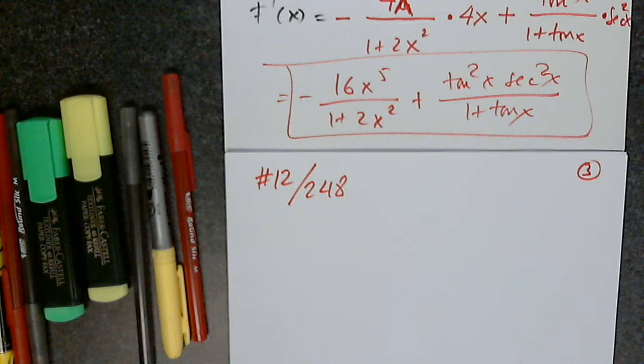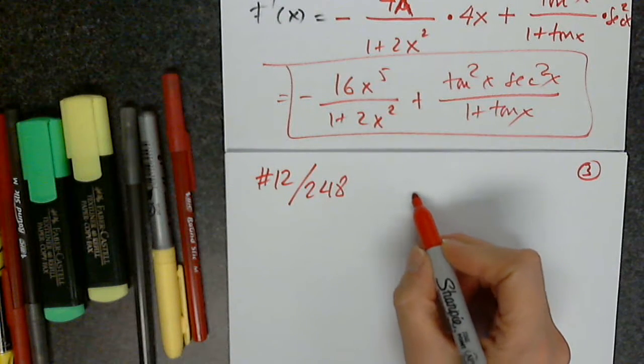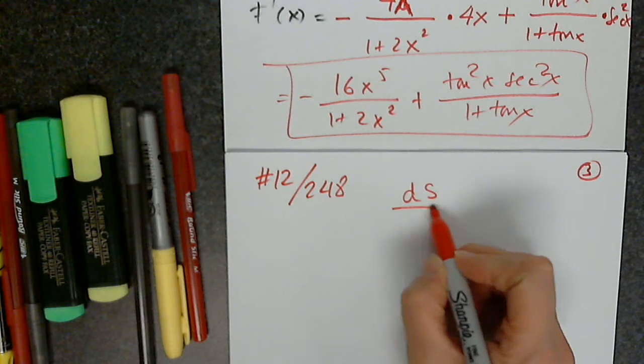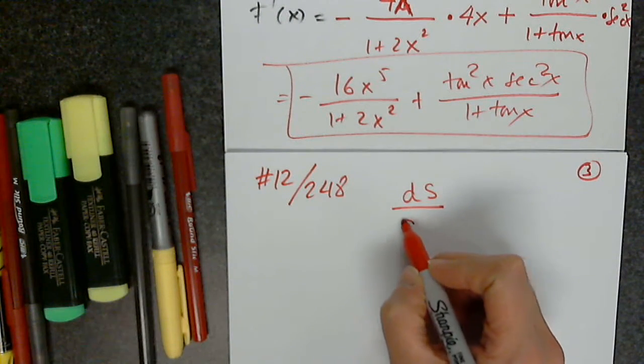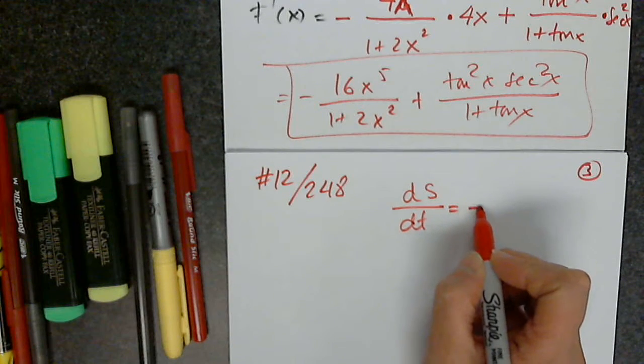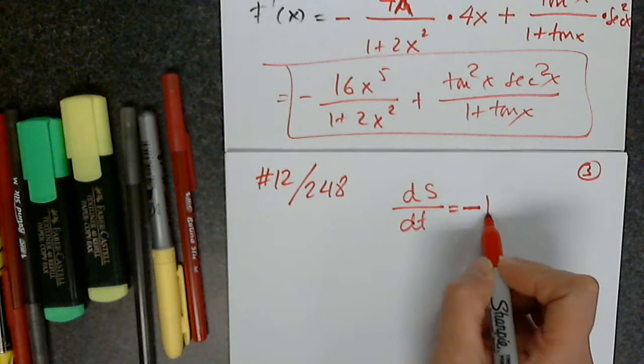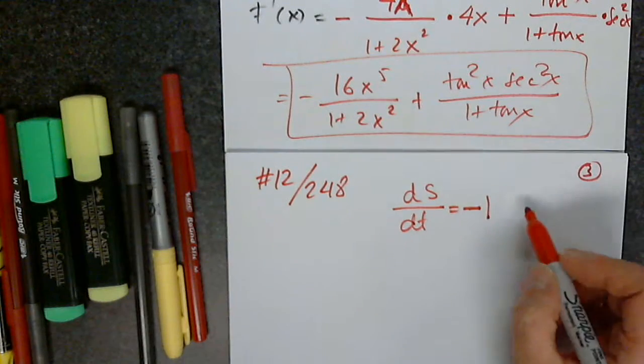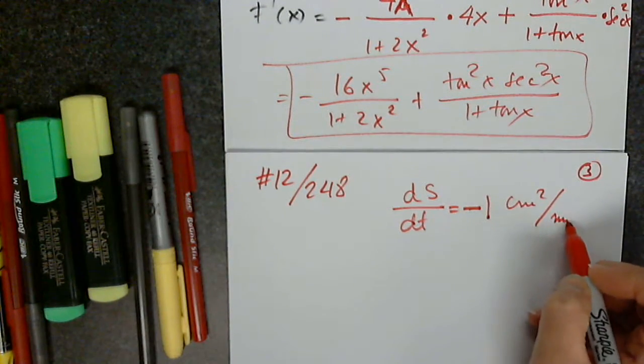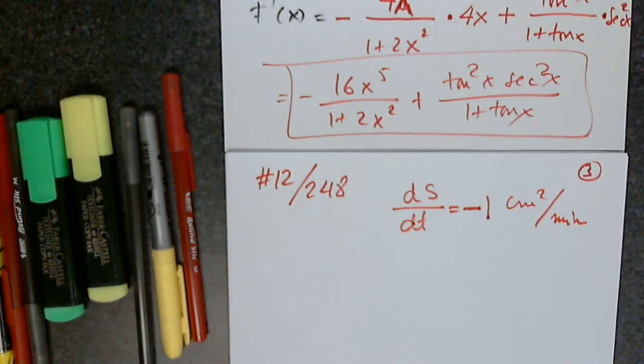Its surface area decreases at a rate of 1 centimeter squared per minute: ds over dt equals negative 1 centimeter squared per minute. Perfect. Find the rate at which the diameter decreases when the diameter is 10.